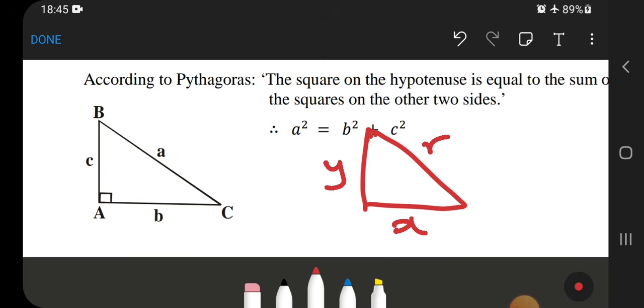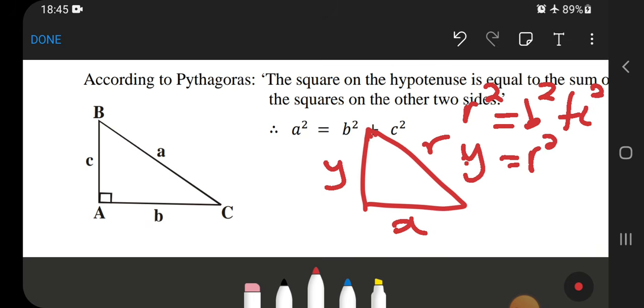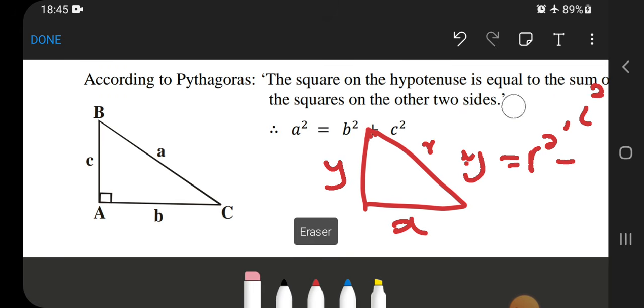We do this again in trigonometry. R squared equals B squared plus C squared, but Y squared equals to R squared minus, I made a mistake here.